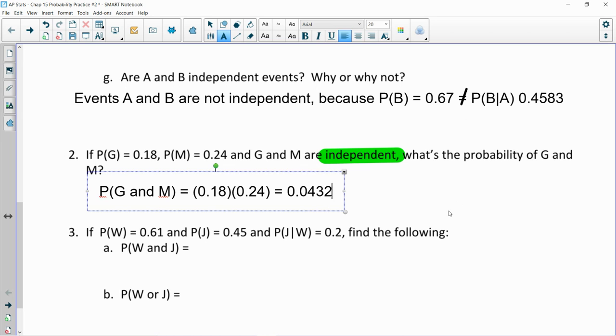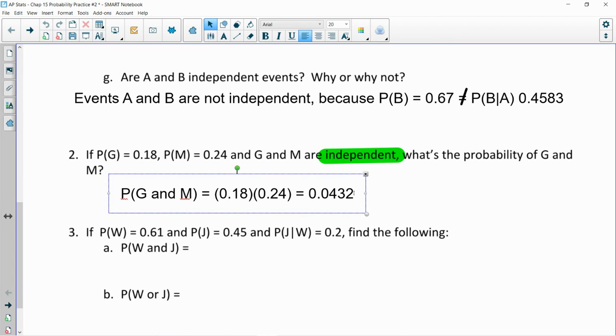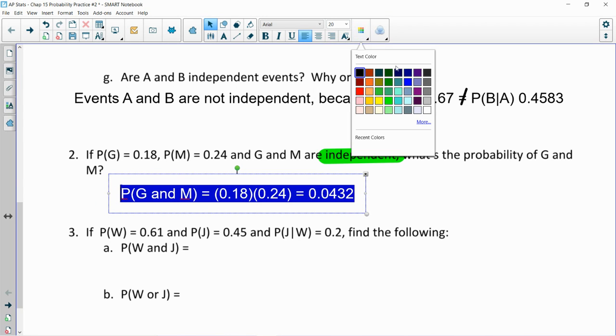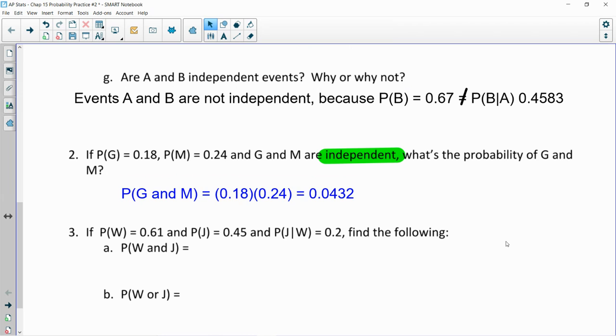This might be a little bit easier to read. Change color. There we go. All right, so there we are. Independence really simplifies the algebra behind what we need to do when we solve for those types of probabilities, specifically the and probabilities.